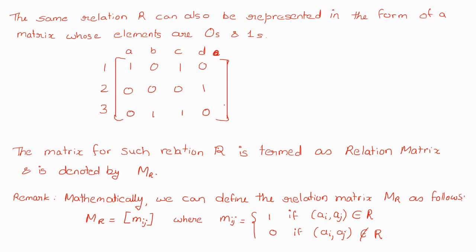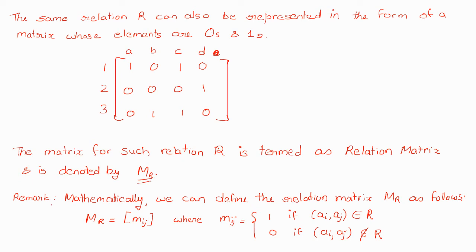Now this matrix for such a relation R is termed a relation matrix. It shows that there is a relation between these two sets, set {a, b, c, d} and set {1, 2, 3}. Therefore this is called a relation matrix and it is denoted by M_R, M for matrix, R for relation.